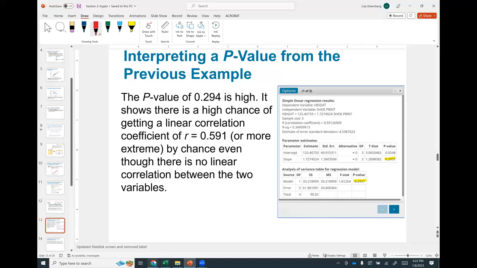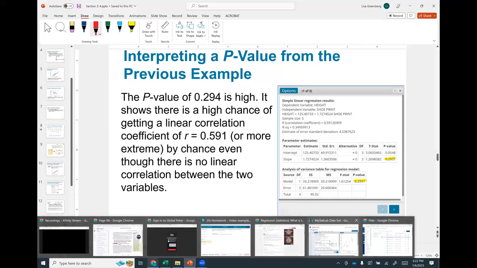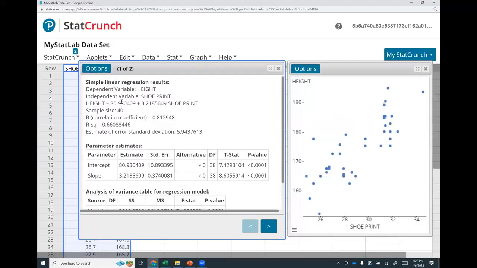But if we go to the one where we had 40 points, let's see if I still have it open. I do. So notice this one, I have 40 points. And look at my p-value. It's way less than 0.05. So 0.05 is greater than 0.000.